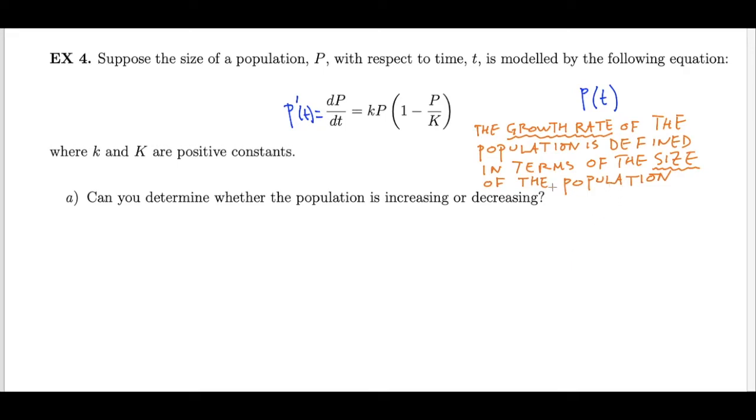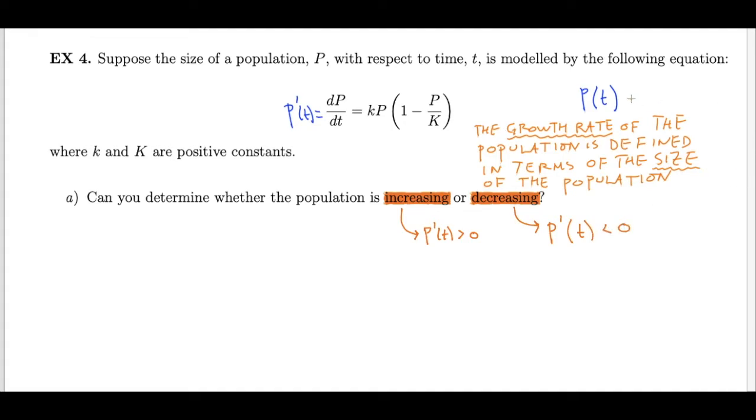In part A, we're asked to determine when the function is increasing or when the function is decreasing. We of course know, as we've used in the last couple of examples, that increasing means the derivative of our population function should be positive, and decreasing indicates that the derivative of our population function should be negative.